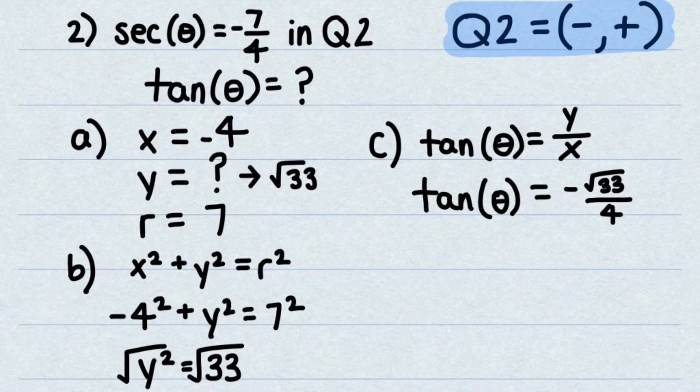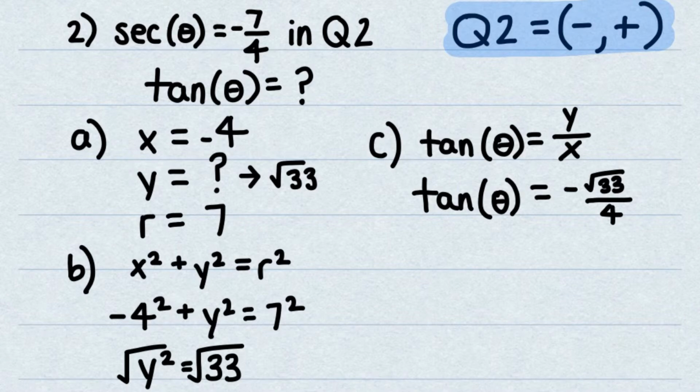We plug this into Pythagorean's theorem. X squared plus y squared equals r squared, and that gives us negative 4 squared plus y squared is equal to 7 squared. So negative 4 squared is equal to 16, 7 squared is equal to 49, 49 minus 16 is equal to 33.